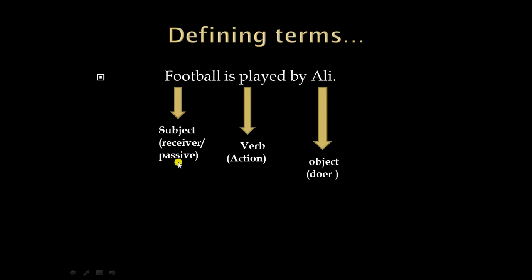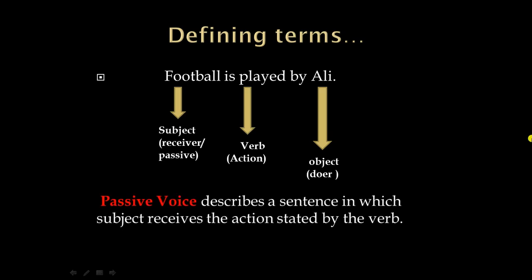Therefore it is passive because it is not actively performing any action. So when you have in a sentence a subject like this, which is the receiver and not the doer or not performing the action, it means that the sentence is written in passive voice. So passive voice describes a sentence in which the subject receives the action stated by the verb.